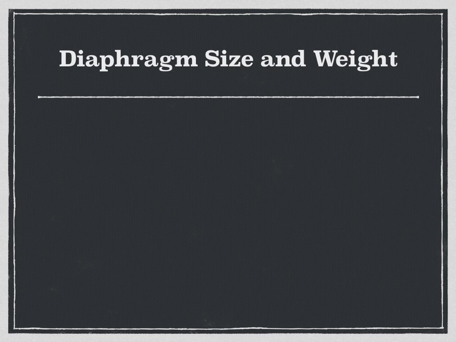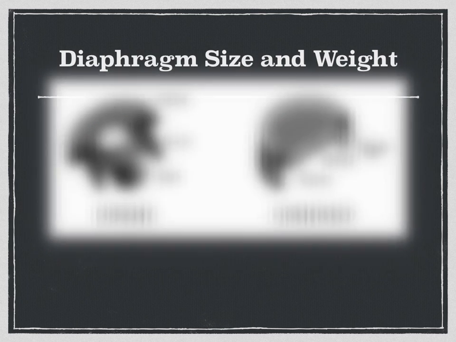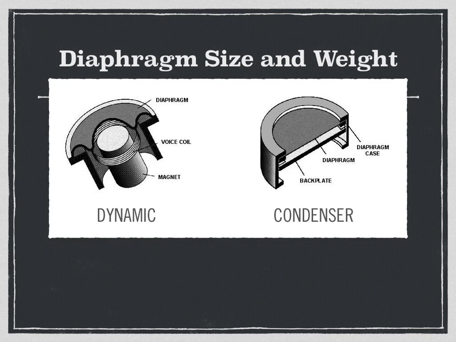So we're looking at diaphragm size and weight as our second difference. In terms of the diaphragm, dynamic microphones generally have heavier and larger diaphragms than condenser microphones. And this translates into condenser microphones working better generally.